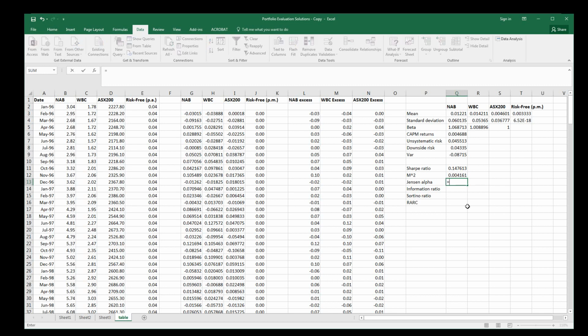Jensen alpha is the return from the portfolio minus CAPM returns. Information ratio is Jensen alpha divided by unsystematic risk, and Sortino ratio is excess return, so mean return minus risk-free rate, divided by downside risk.